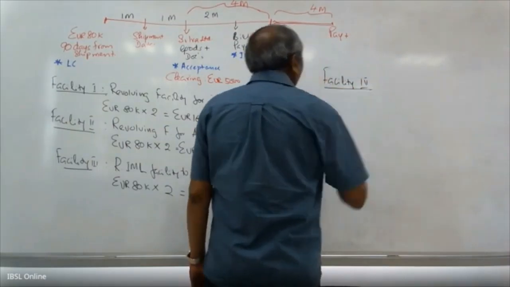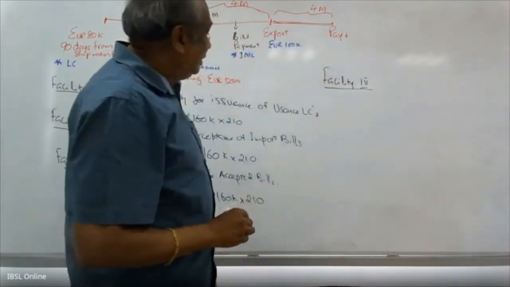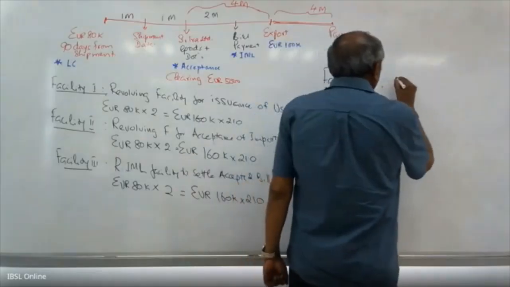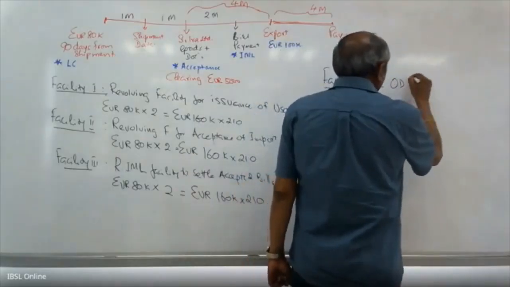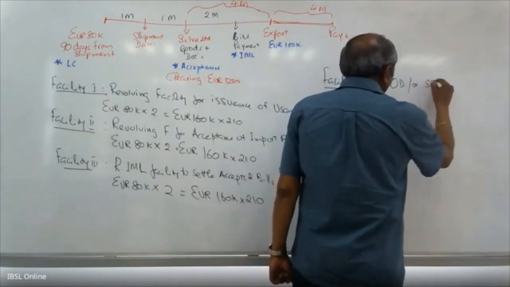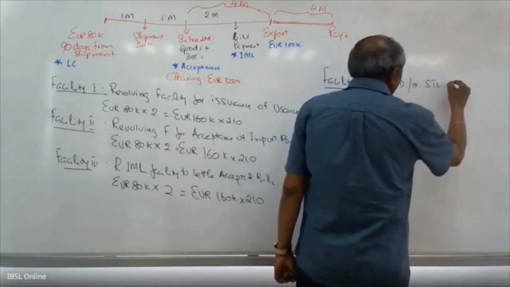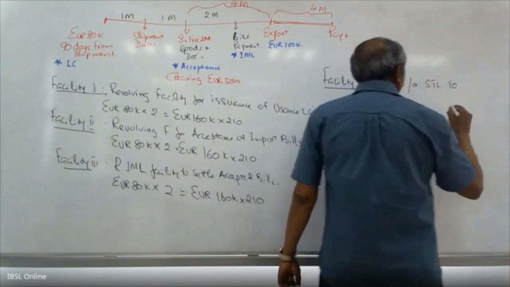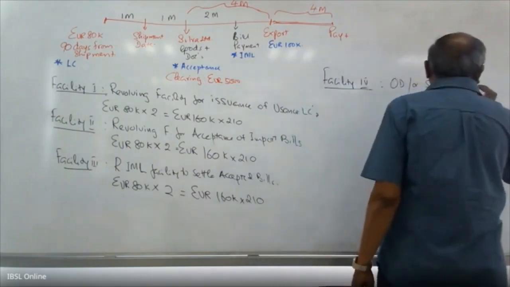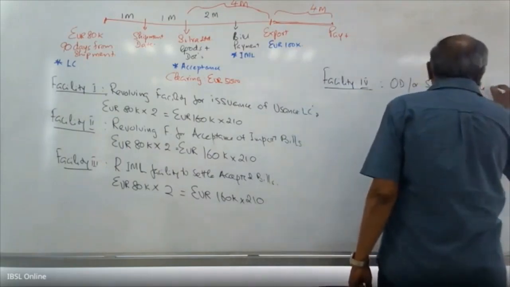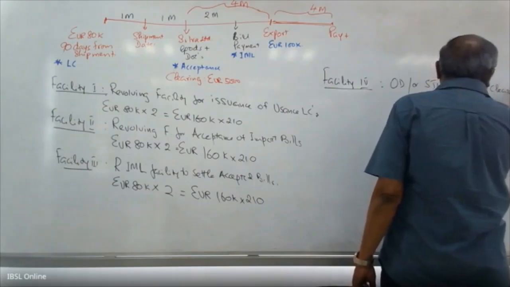What is facility 4? Short-term loan for overhead expenses, to settle clearing charges.